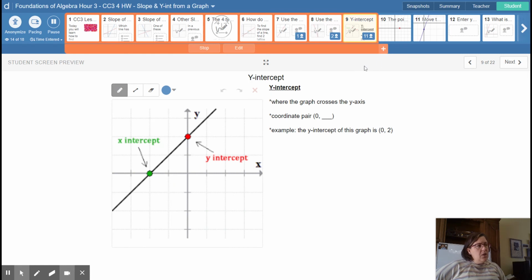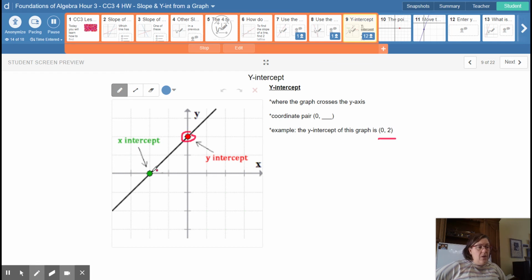So as I take a look at slide 9 with you, here's what it says. It's where a line crosses the y-axis. So you see where that red dot is. That's what we call the y-intercept. In this case, when we talk about the y-intercept, the first coordinate is always 0. And in this case, this coordinate pair is at 0, 2.